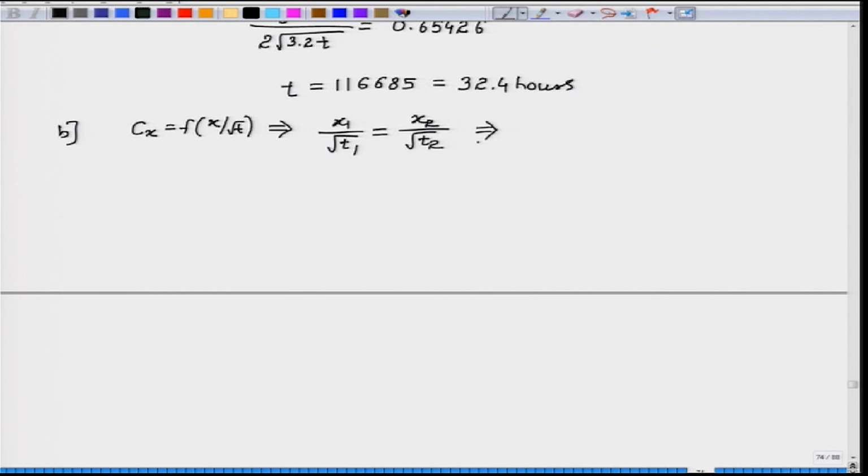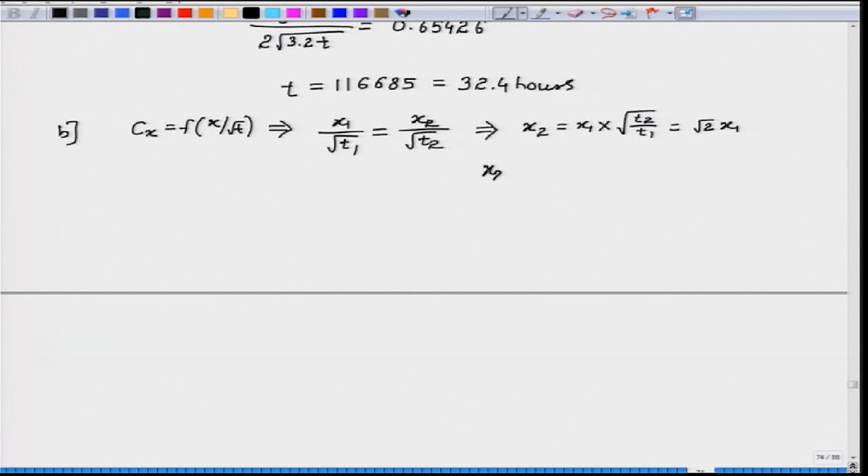So, x 2 should be equal to x 1 times root of t 2 by t 1, and the problem says the carburizing time is doubled. So, t 2 by t 1 is 2. So, this becomes root 2 times x 1, which suggests that if we double the carburizing time, the case depth should become root 2 times the original one.